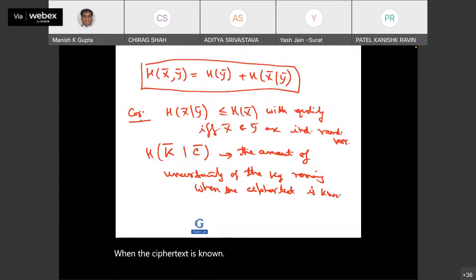Okay, so this is an important parameter, the conditional entropy of K and C.